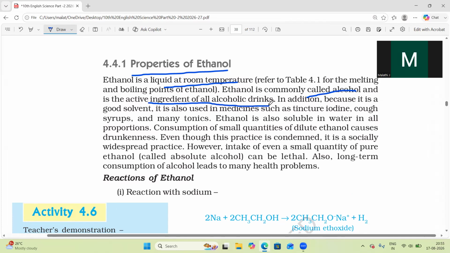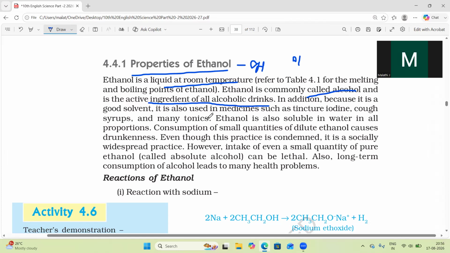When an alcoholic group is present, it will be OH. When OH is present, it is an alcoholic group. So for an alcoholic group, what do we write at the end? O L. We studied nomenclature, that is ethanol. So it is commonly called alcohol, and it is a liquid at room temperature.